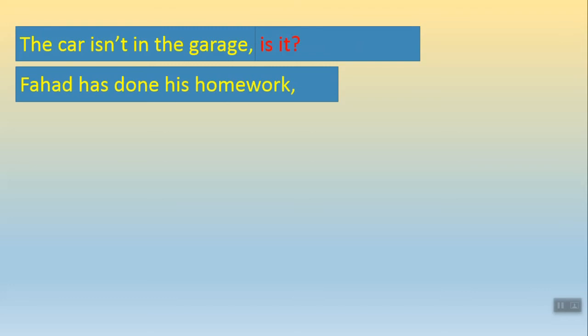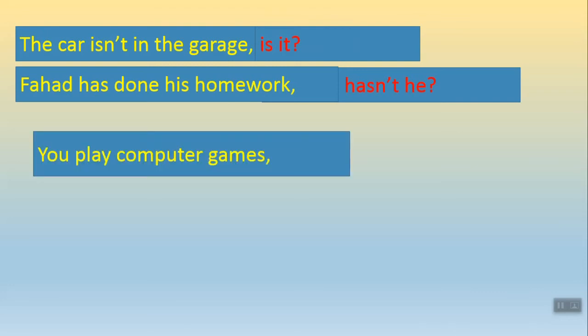So the question tag must be what? Negative. Yes, very good. Hasn't. Then we need a subject pronoun referring to the proper noun Fahad. He. So the question tag, hasn't he? Yes, very good. Excellent.